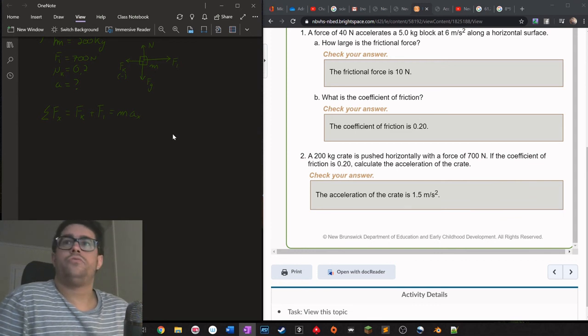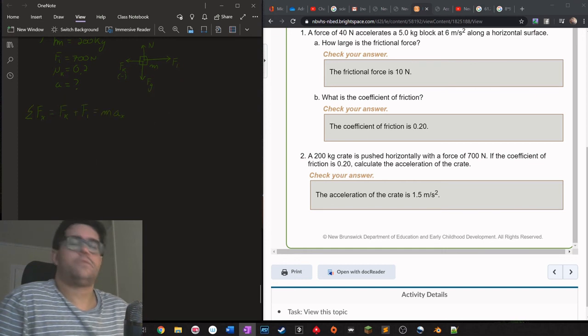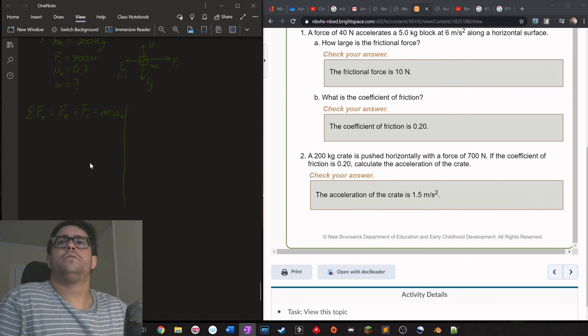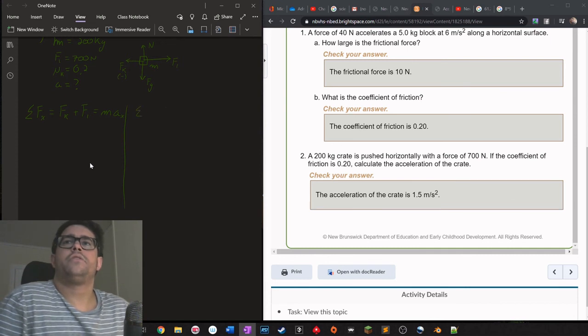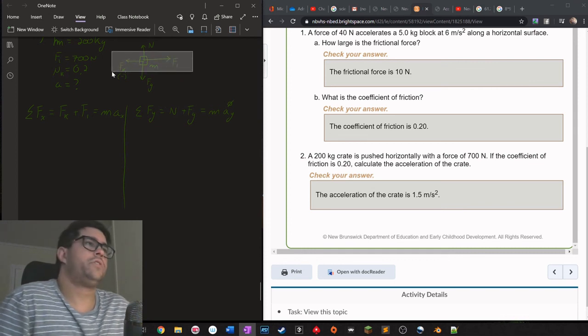We're also going to make the sum of Fy, the forces in Y. There's N and Fg, and are these equal to 0? They're equal to may, but is there an acceleration in Y? No. There is no Y acceleration. There's only an X acceleration.